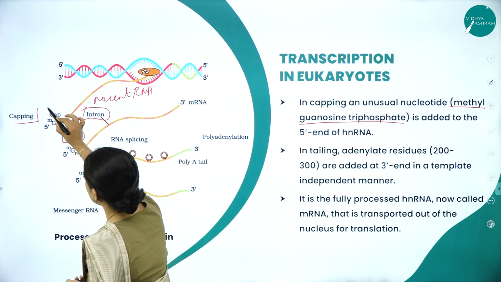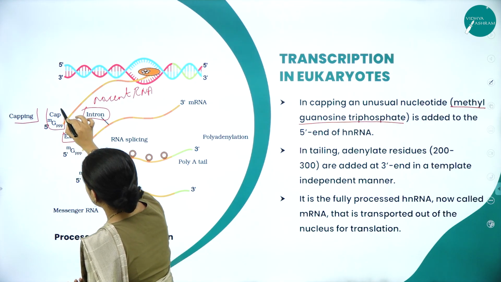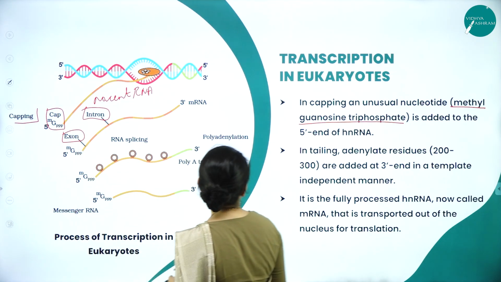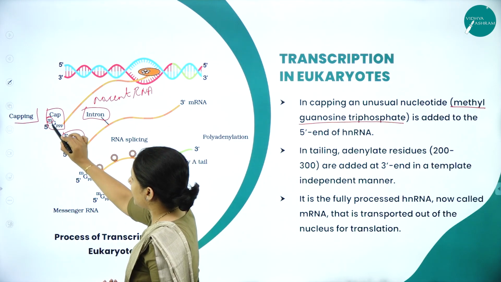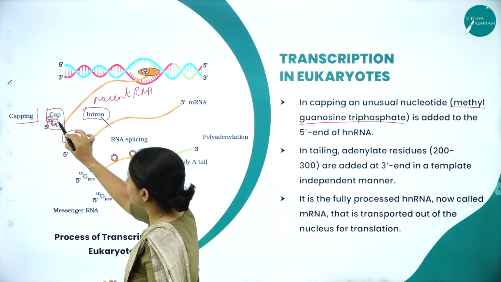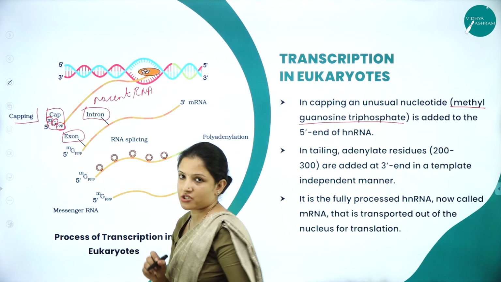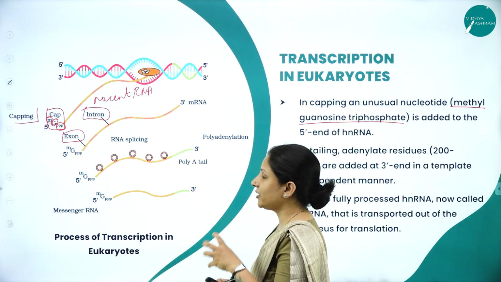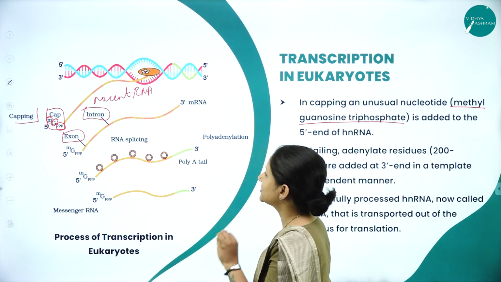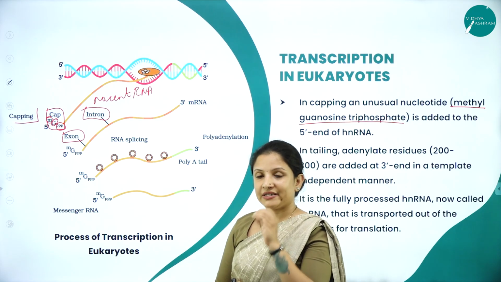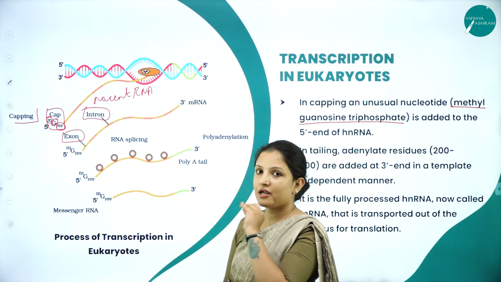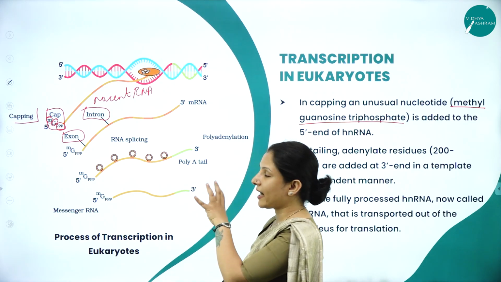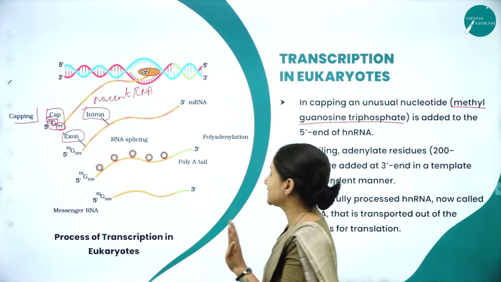It contains a methyl group, a guanine group, and 3 additional phosphates. So towards the 5' end of the nascent mRNA strand, a methyl guanosine triphosphate molecule will go and add there. That process is called capping.